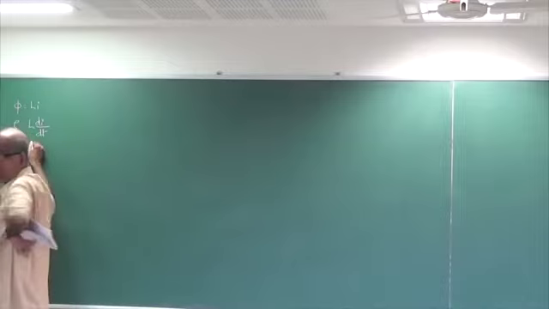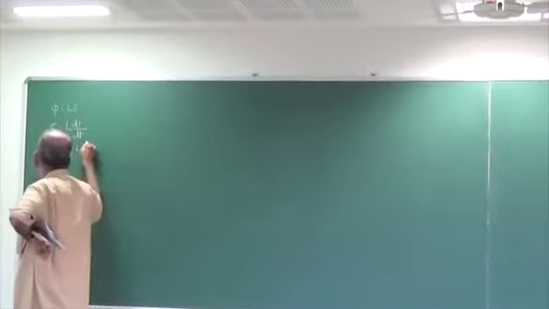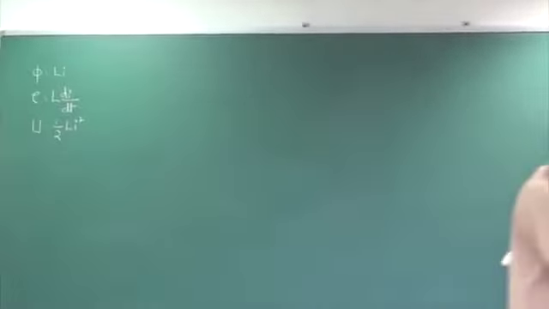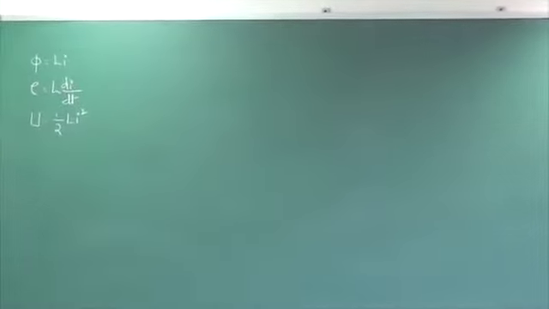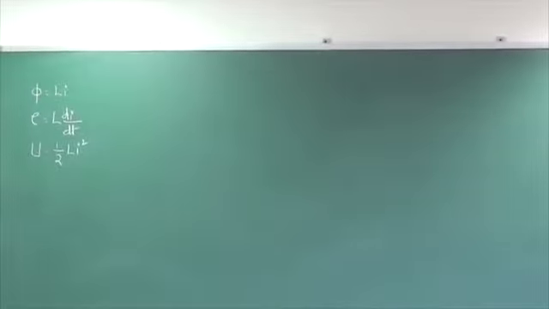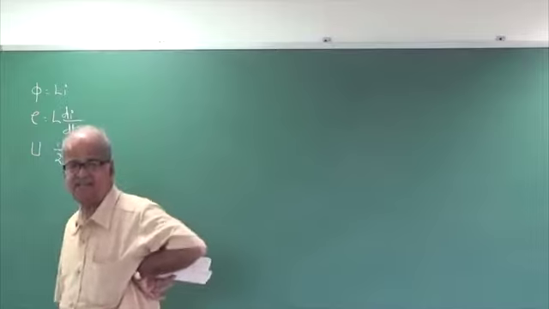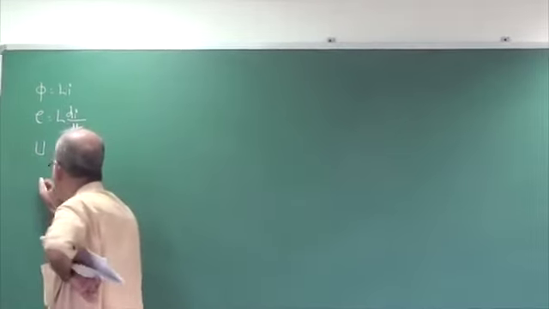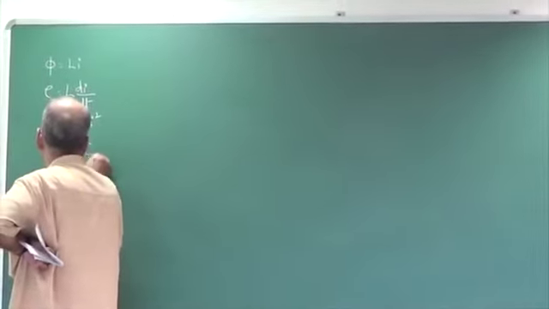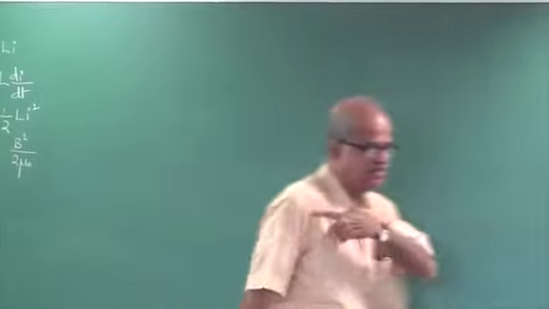Half L I squared. In the case of a capacitor, it is half C V squared; here it is half L I squared. And the energy density in the case of a capacitor is half epsilon E squared; here, energy density is B squared over 2 mu, right? You are coming across those relations already.